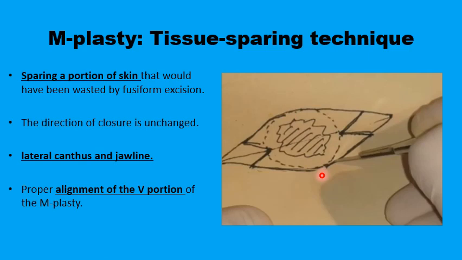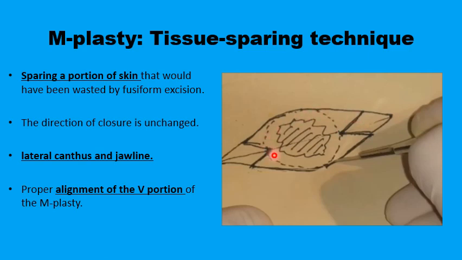middle. So you place an M incision centered on the edge of the safety margin, going out to the edge of the fusiform and going back in here. So you have now an M-plasty on one side and another M-plasty on the other side.